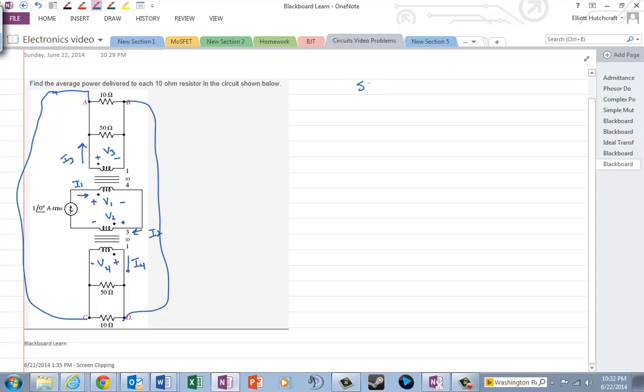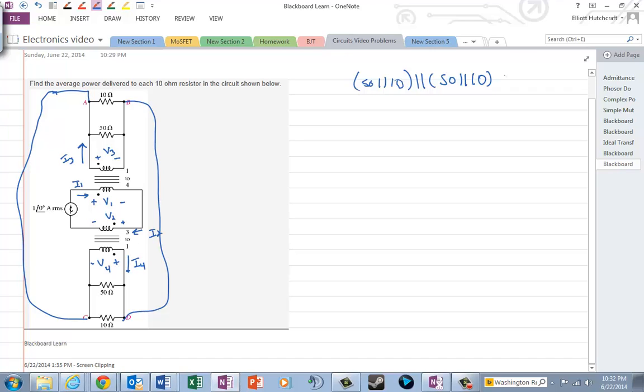So we have 50 in parallel with 10, which is also in parallel with the 50, in parallel with 10 from the other side.